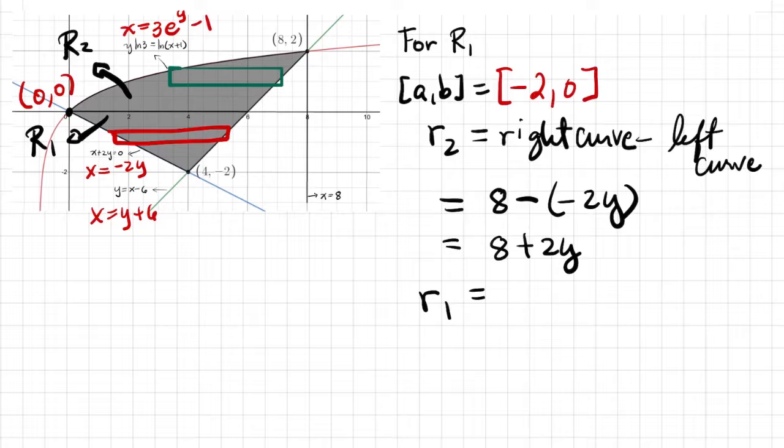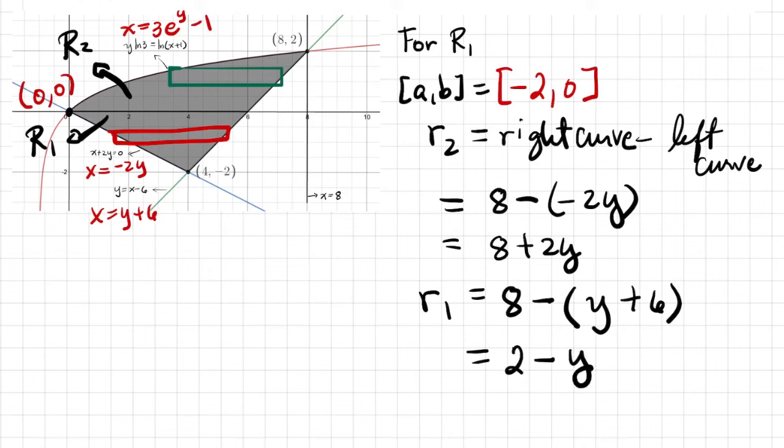The right curve is 8, and the left curve is the mirror tip, which is this. So that's 8 minus this line, but this is the equation of that line. So that is 8 minus the quantity y plus 6. Therefore, this is equal to 2 minus y. These are R1 and R2.